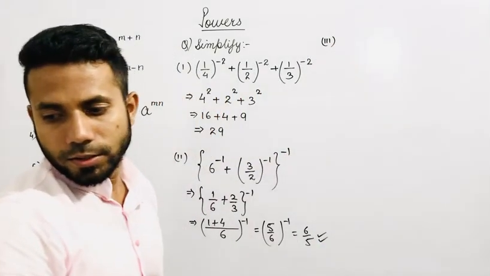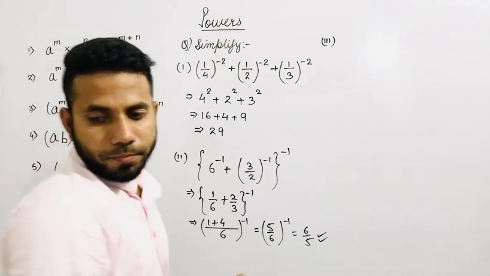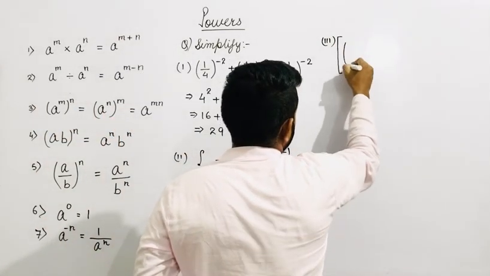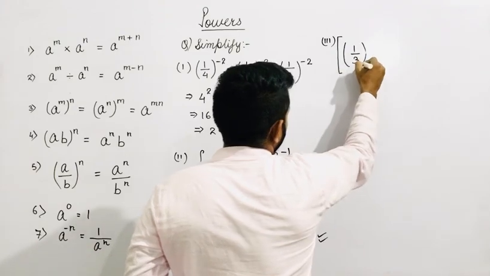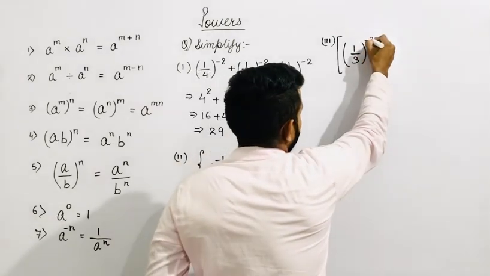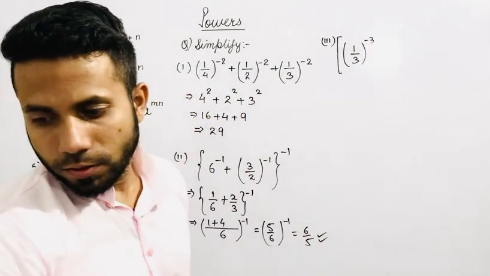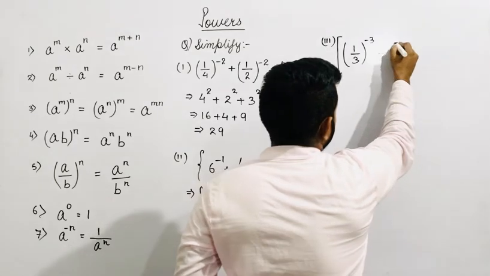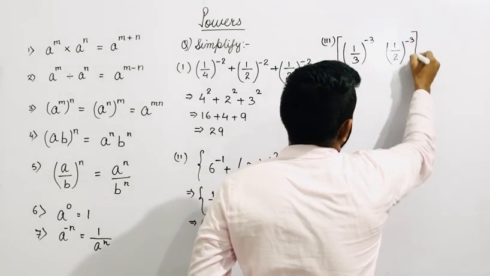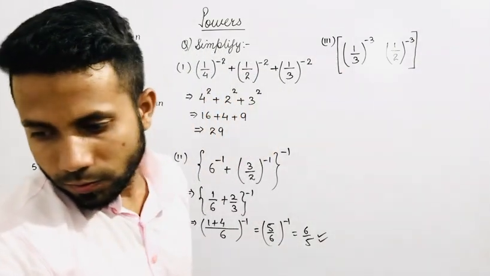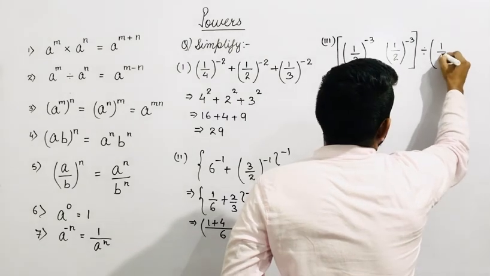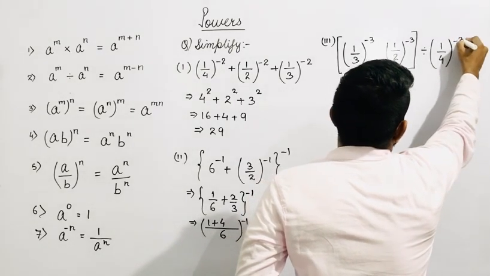The example is 1 by 3 to the power minus 3, minus 1 by 2 to the power minus 3, divided by 1 by 4 to the power minus 3.